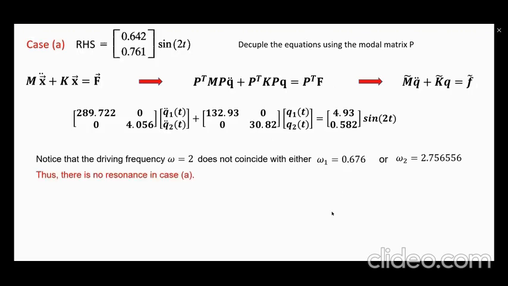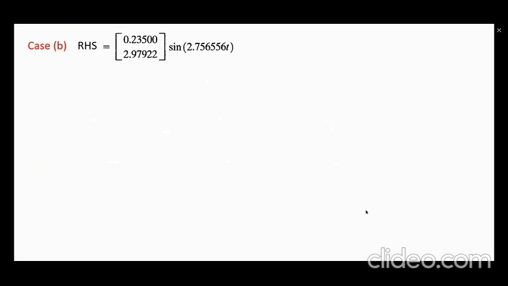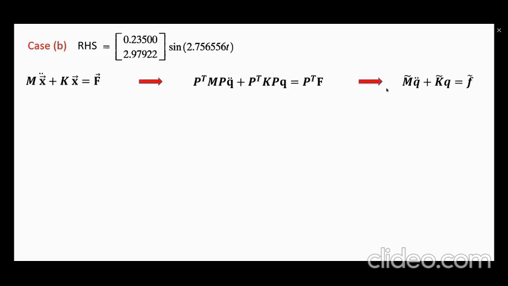Okay, good. Now, this right-hand side does not match either one of these two frequencies. So definitely we're not dealing with the resonance case to begin with. No problem. Now let's go to the other situation. The right-hand side looks like that. So here is the original equation. This is the decoupled equations.